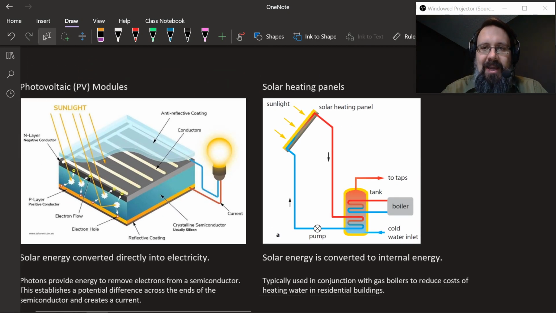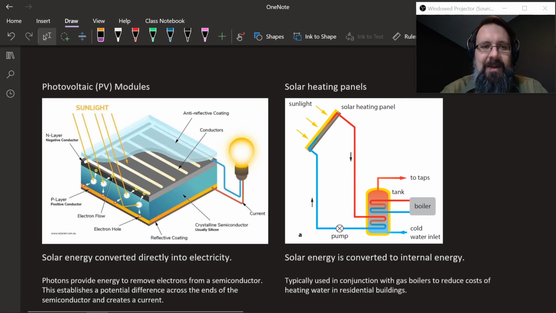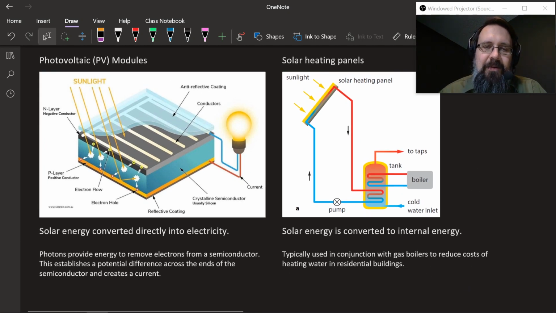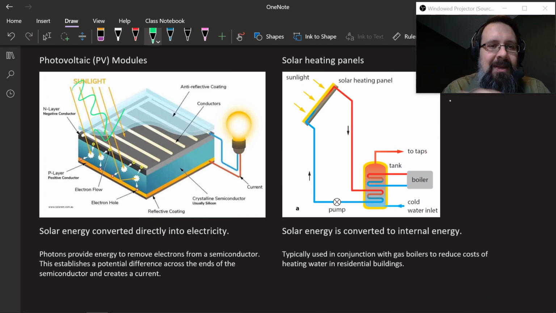So here's my little explanation of both types. We'll look at the photovoltaic modules first. The sunlight comes in and hits a crystalline semiconductor, usually just silicon.